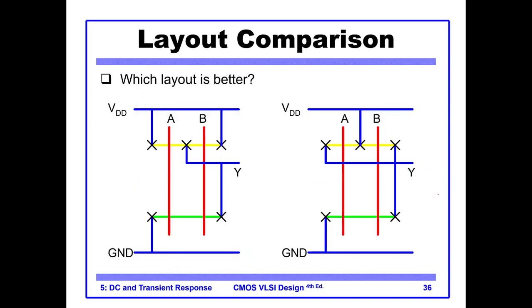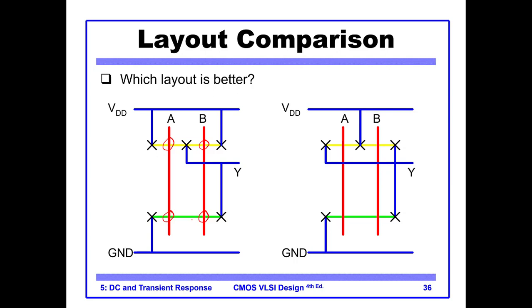Let's try to understand this with these two layouts. So these are the stick diagrams, and what are these? Basically, it is a two-input NAND gate, because here we have a PMOS, here we have a PMOS, here we have an NMOS and NMOS. These two NMOS are in series. The above two PMOS are in parallel.